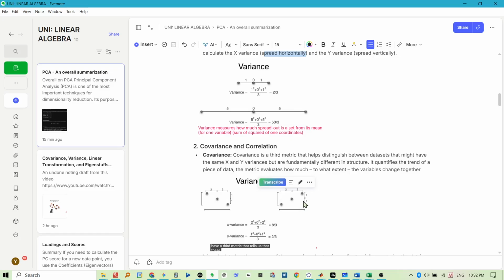How can we tell the difference when they are fundamentally very different? How can we tell that these two are different if we only base it on variance?